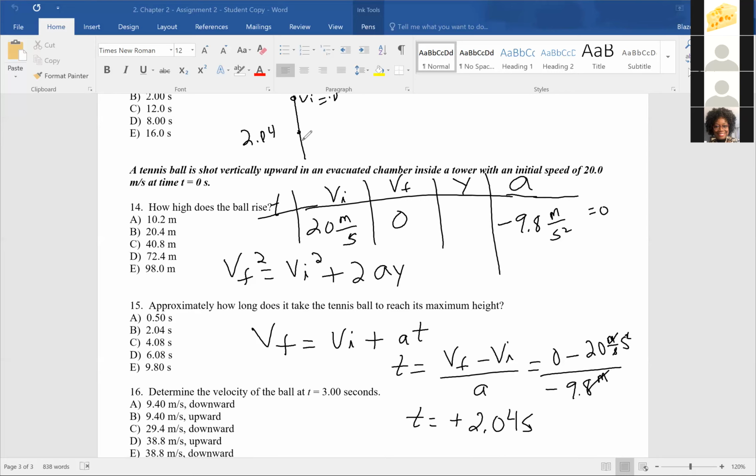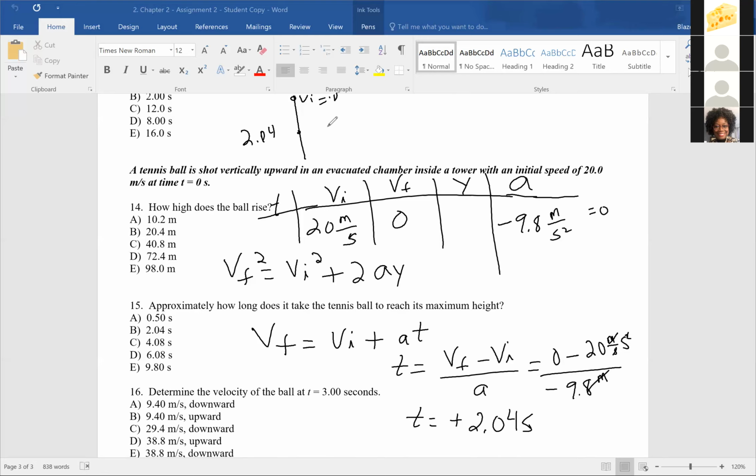Someone tell me how much time it has to go from 2.04 to 3 seconds coming back down. How much time does it have left to fall? I got 3 minus 2.04. Quickly, tell me how much time I have. Okay, very good. I've got 0.96 seconds.